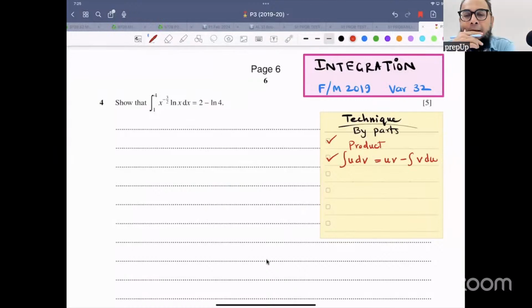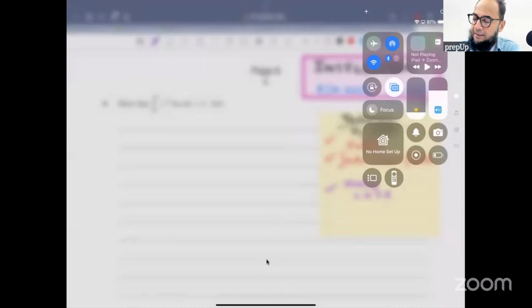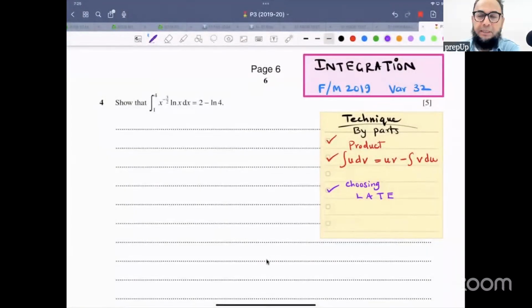There is also a rule for choosing u, and that rule is LATE: L for log, A for algebra, T for trig, E for exponential.